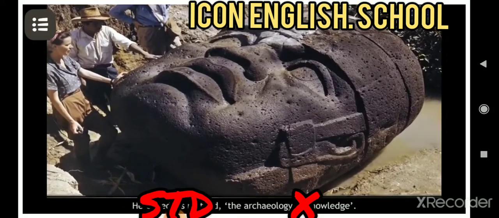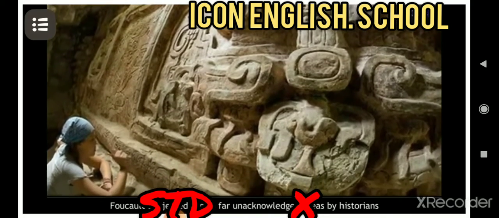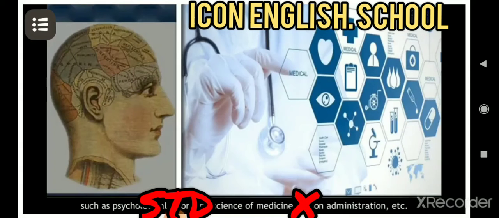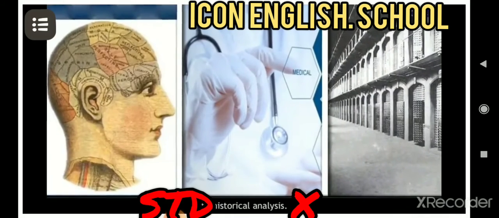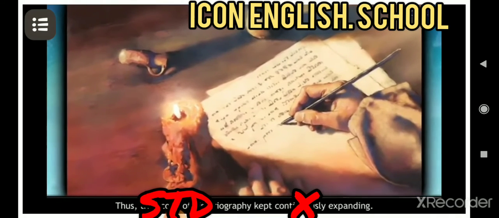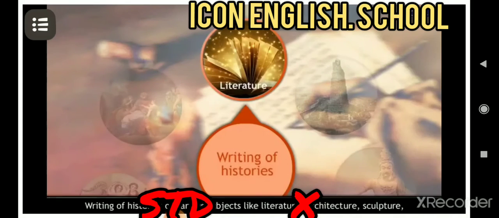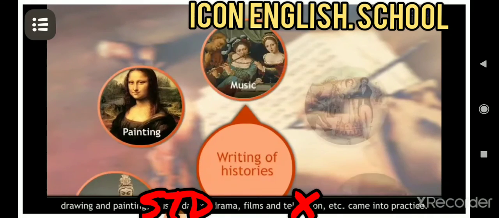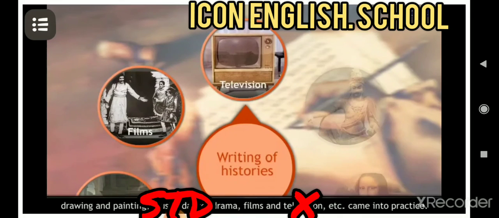He called his method the archaeology of knowledge. Foucault subjected the so far unacknowledged areas of historians such as psychological disorders, science of medicine, prison administration, etc., to historical analysis. Thus, the scope of historiography kept continuously expanding. Writing of histories of various subjects like literature, architecture, sculpture, drawing and painting, music, dance, drama, films, and television, etc., came into practice.